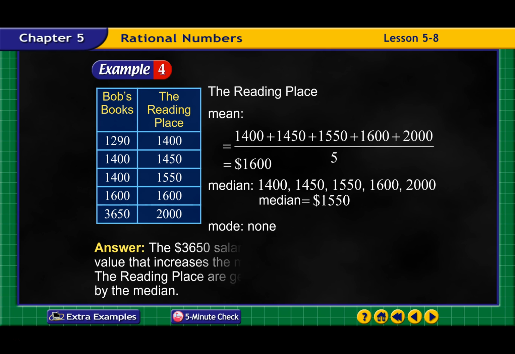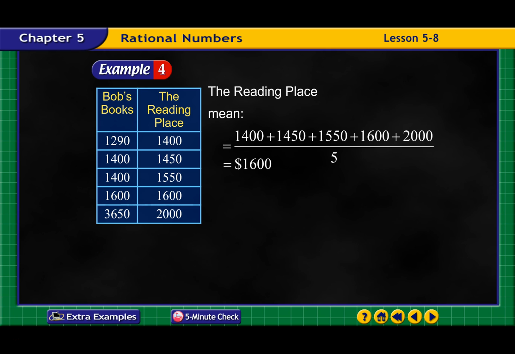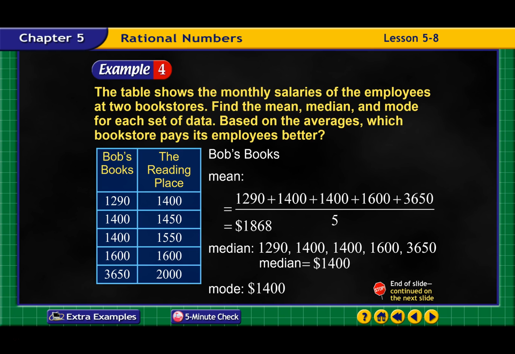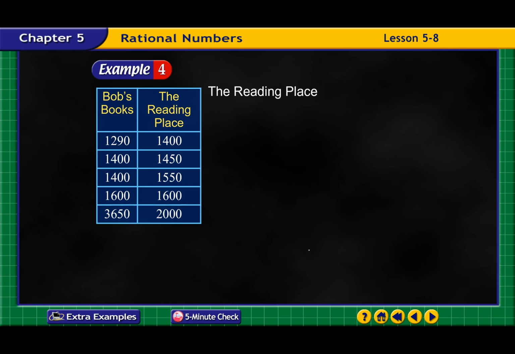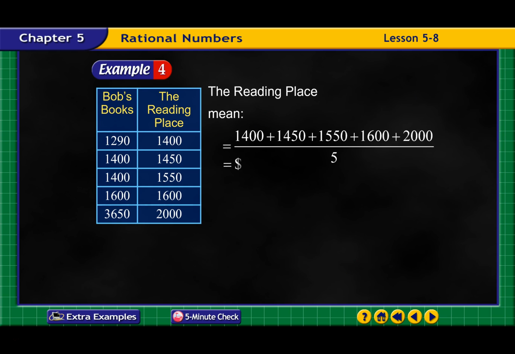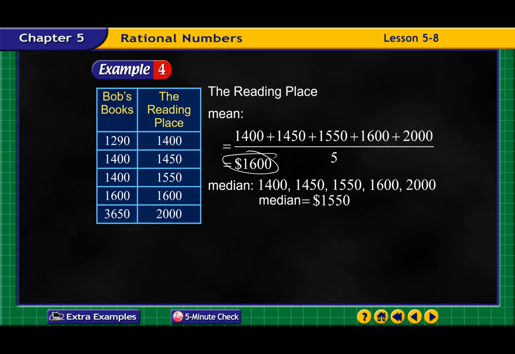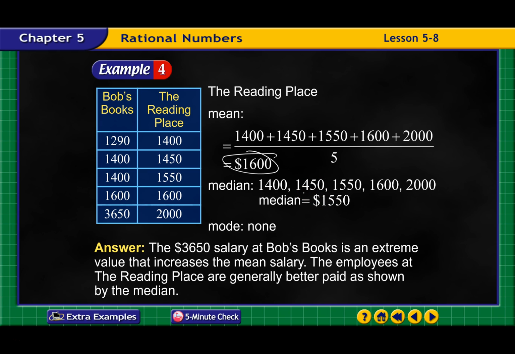So now we need to average these, or talk about these together. So my mean salary is 1,900. My mode is 14 or 18. This side, they get paid a little bit less. So it looks like Bob's Reading Place doesn't pay as much, but the median salary is higher.